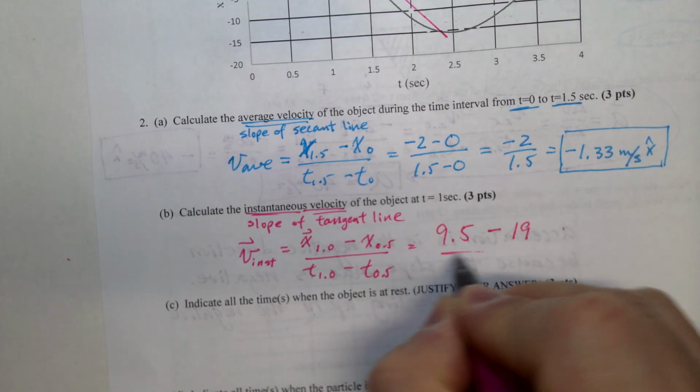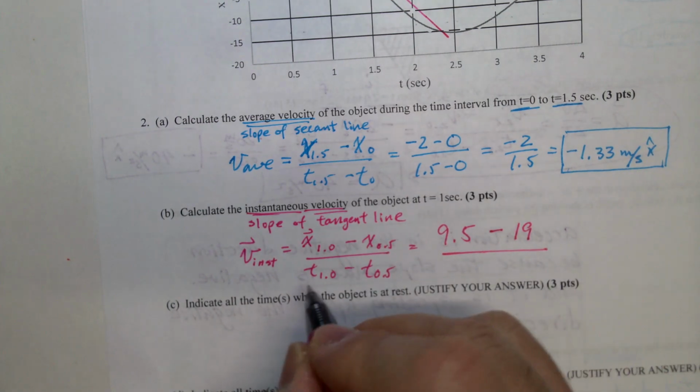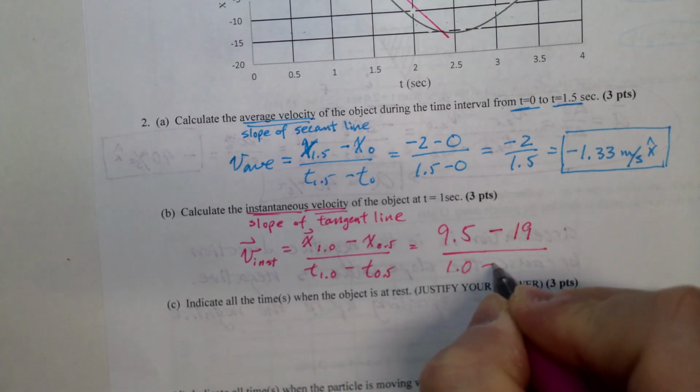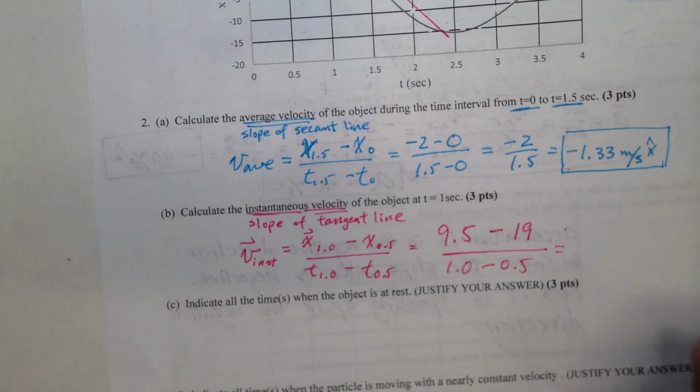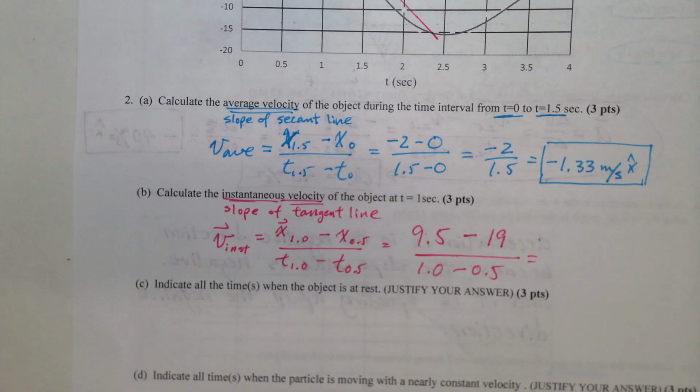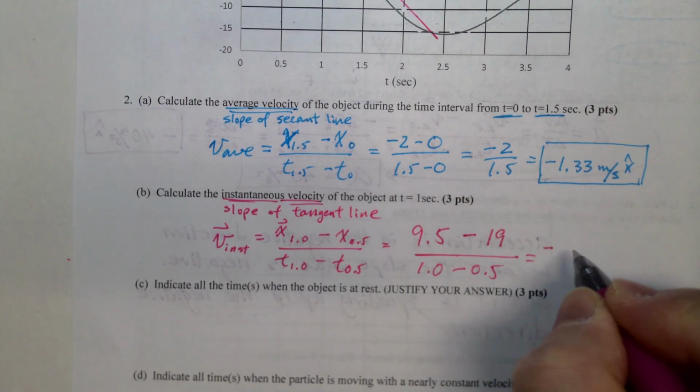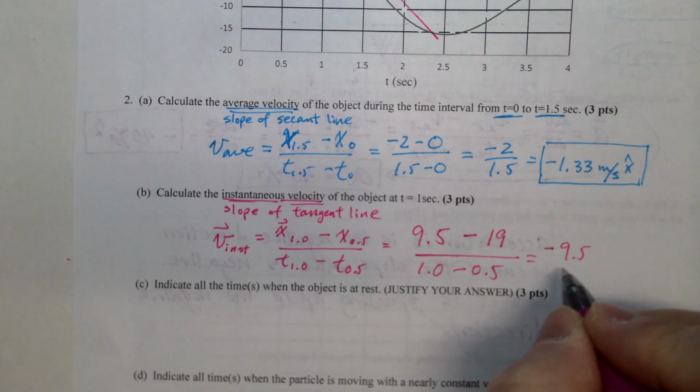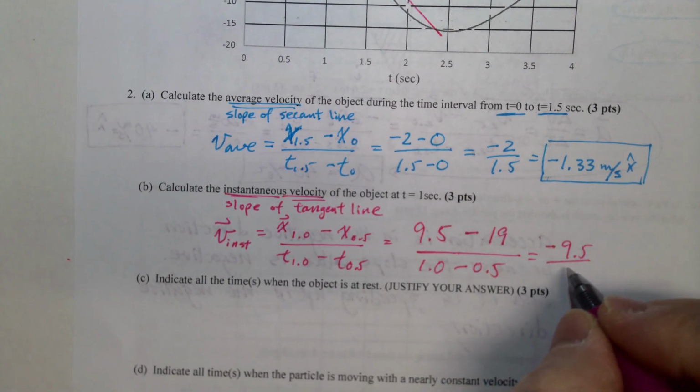and divide that by 1.0 minus 0.5. So what is 9.5 minus 19? I get negative 9.5 over 0.5.